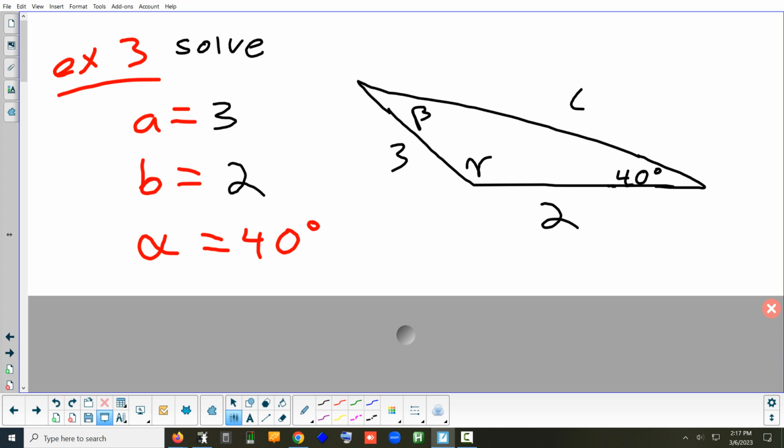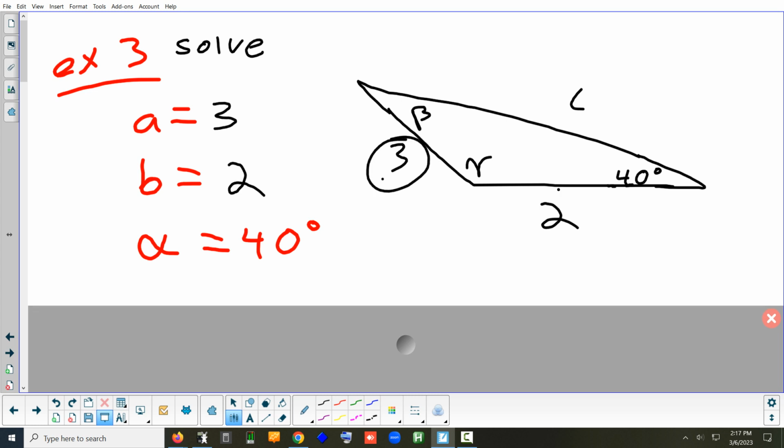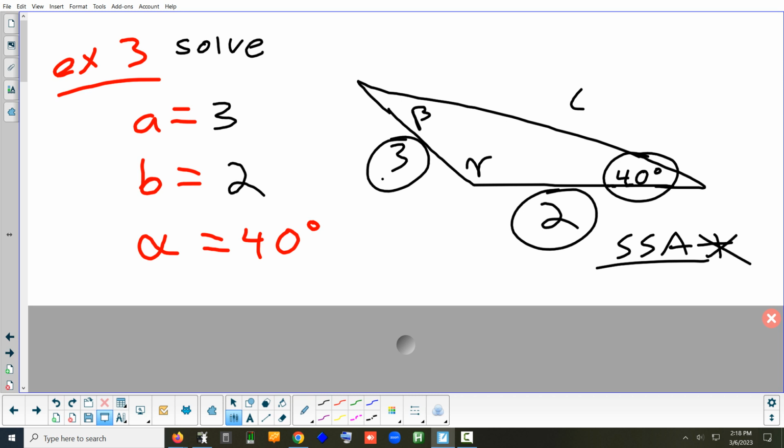If you look at your diagram, A, B, alpha, side, side, angle. Side-side angle still falls under law of sines to try to do it. But this one is the worst case. It's the worst case for any kind of problem we're going to learn this week.